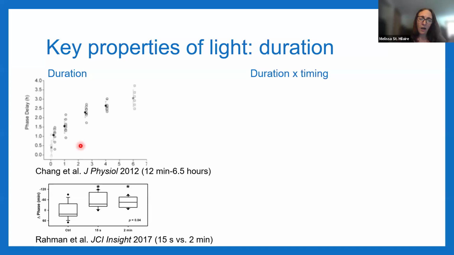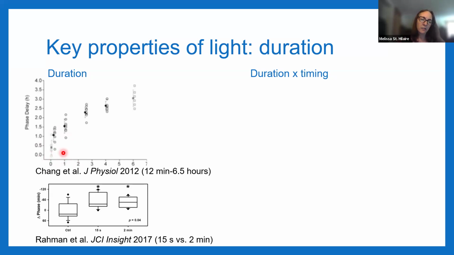We actually expanded that work based on some modeling that we had done with Professor Richard Cronauer at Harvard University, because he suspected that actually the system was even more sensitive. So we were already really surprised that 12 minutes elicited a fairly strong response on the order of about a half hour of phase delay.